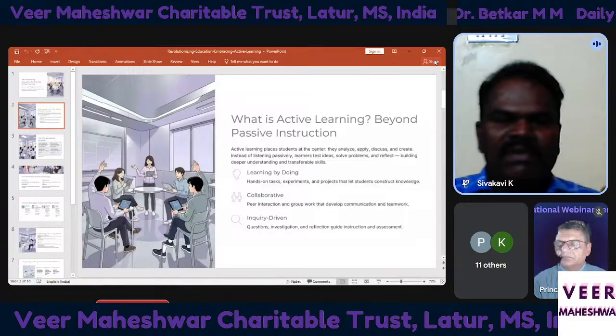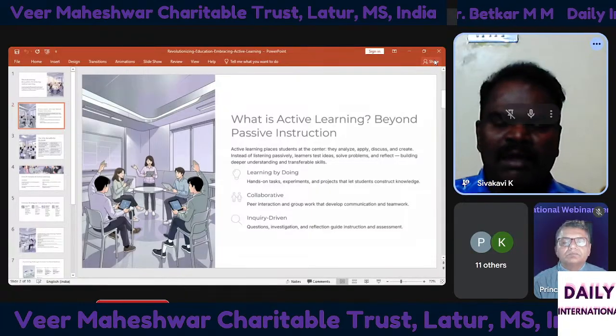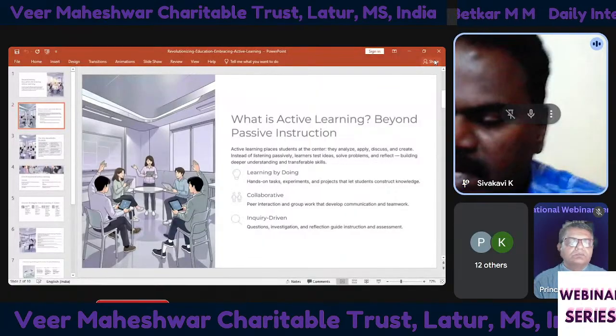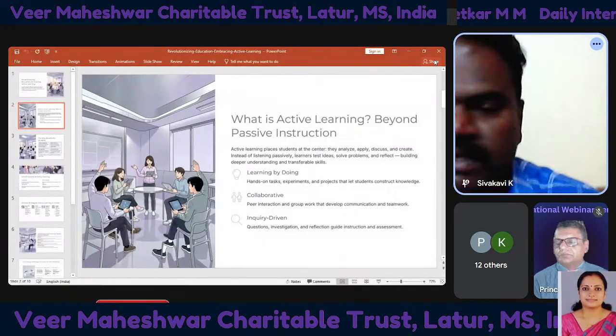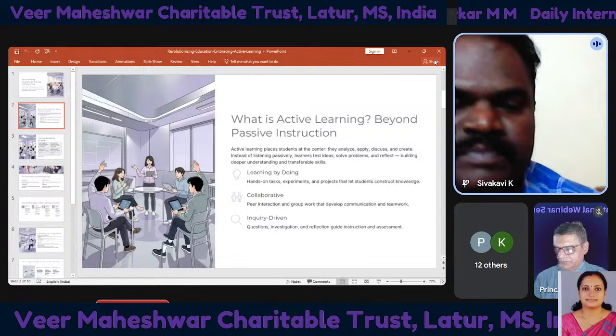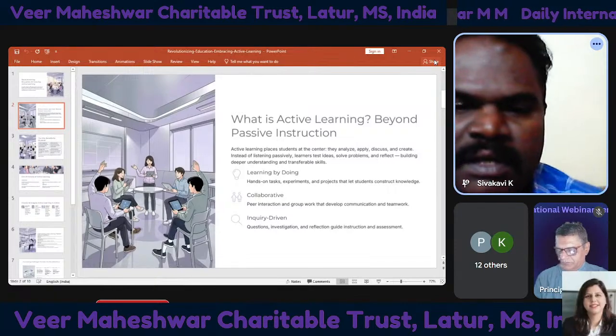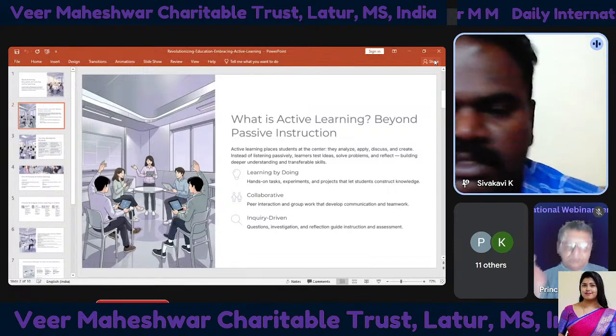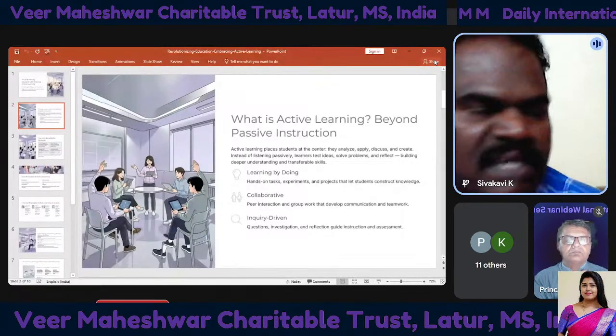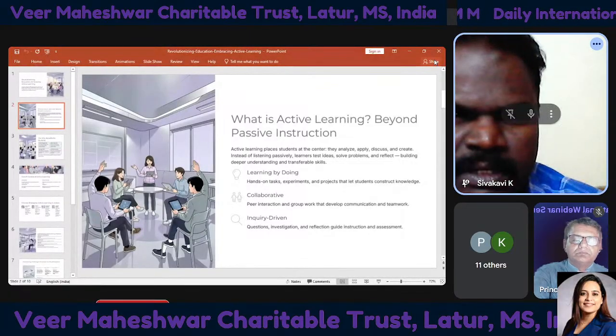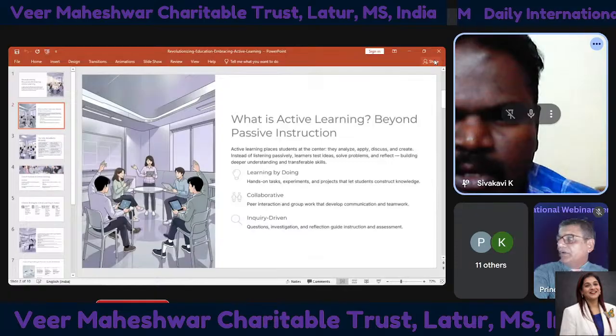We need to empower them, give them good education so that our nation will prosper. We can build a strong society, a strong India. For that, we need to empower them by giving them good education.